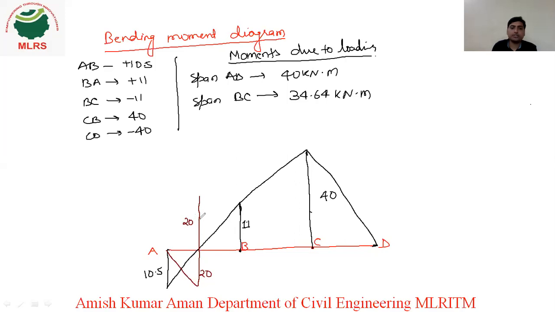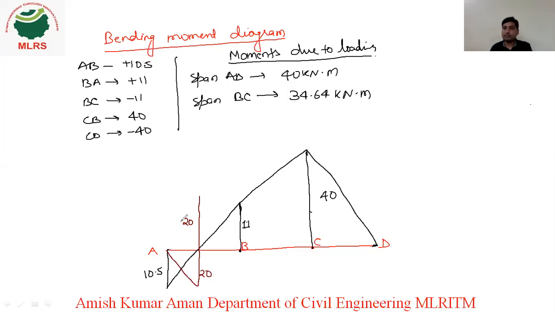So 20 plus 20, total it is 40. When the moment is already given, we divide it like this only. Because at A the moment is downward, we make it downward first, and then the remaining will be upward. So the total moment will be 40 only.